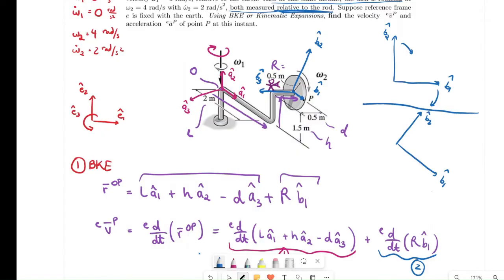And because I'm on the rod, to me the rod is not moving, obviously. So that means that I see this B1, B2 hat rotating in this direction. Meanwhile, the A2 hat and A1 hat vectors are always going to be like this.